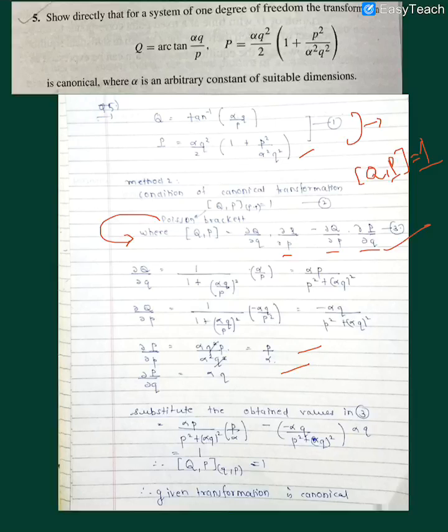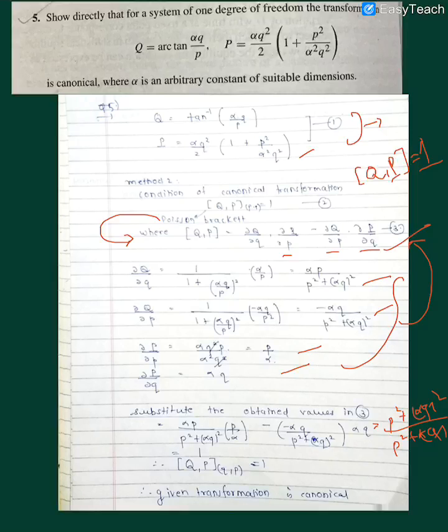Now I substitute all of these four values into equation 3, and I will get the result as alpha p upon (p square plus alpha q) whole square into p by alpha, minus minus alpha q upon (p square plus alpha q) whole square into alpha q. This will be nothing but (p square plus alpha q) whole square upon (p square plus alpha q) whole square.